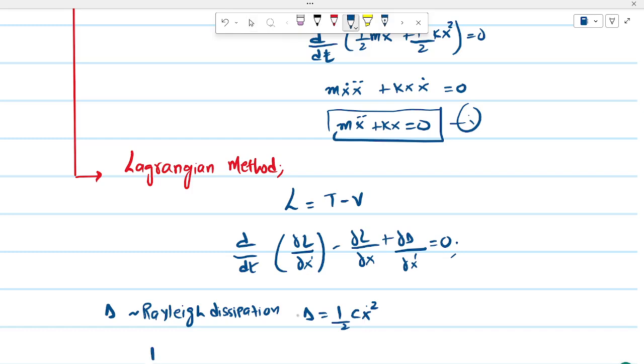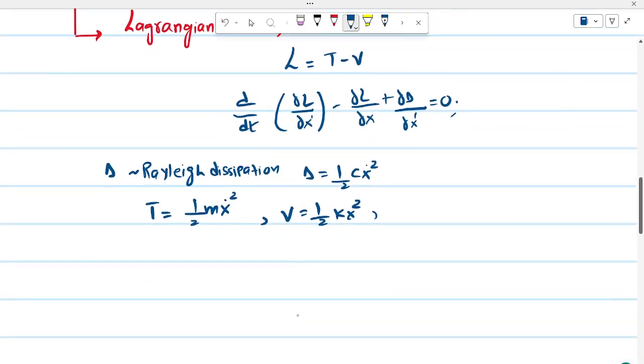We know that T equals half m x dot squared, V equals half k x squared, and we know D. If you substitute these values into equation 1, L becomes T minus V, which is half m x dot squared minus half k x squared.